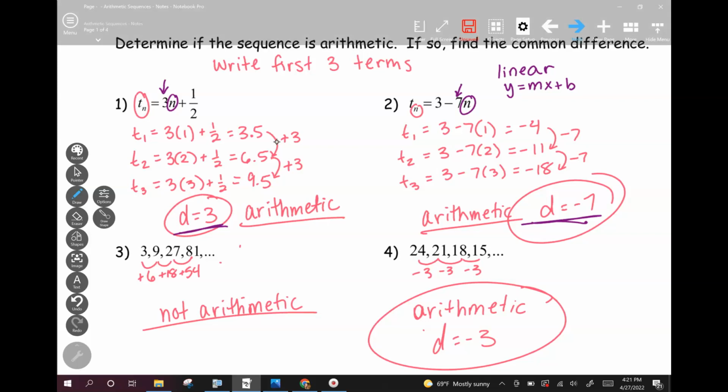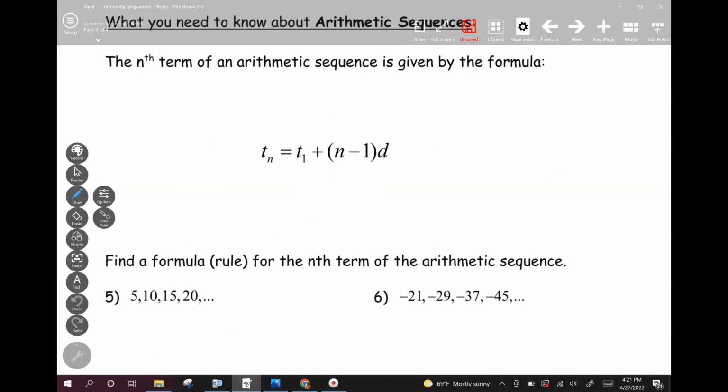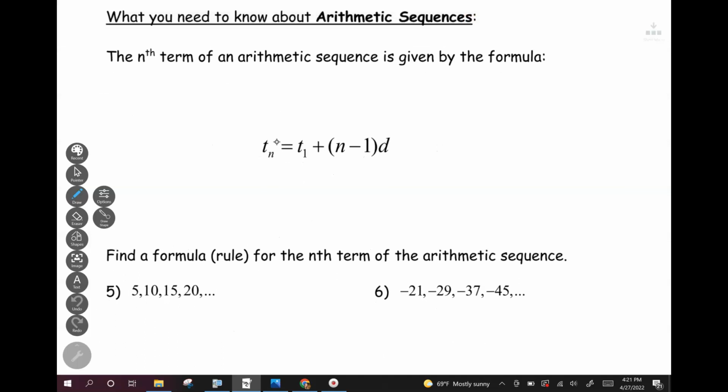Okay. Anyways, we have this general formula, and we need to be able to come up with our own formulas using this. So let's talk about what all these parts mean. The t sub n, that's just like your y equals at the beginning of an equation. So it's going to stay t sub n. When I say sub, I mean it's down below.